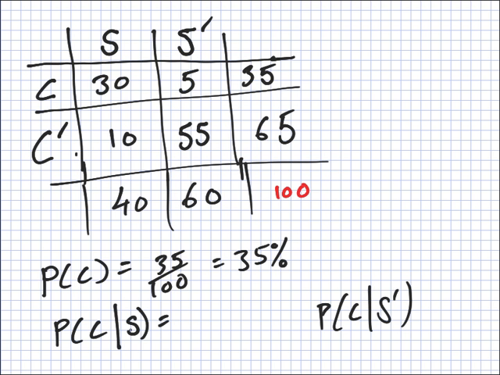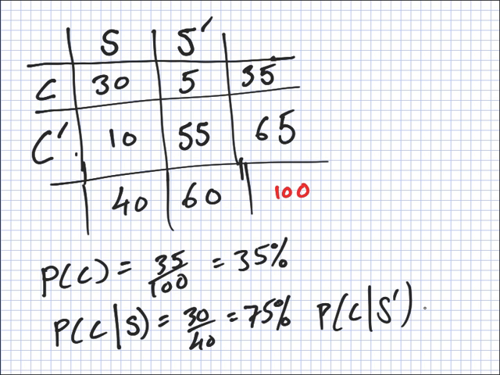So if we look among the smokers, what's the probability of cancer? 30 over 40. So 75%.